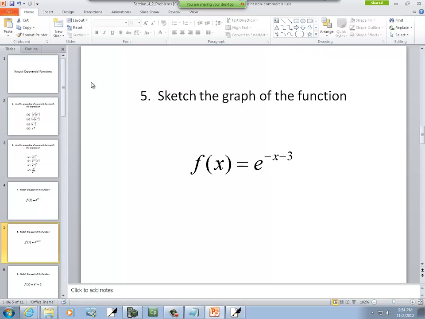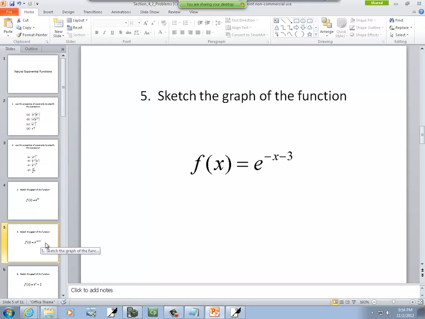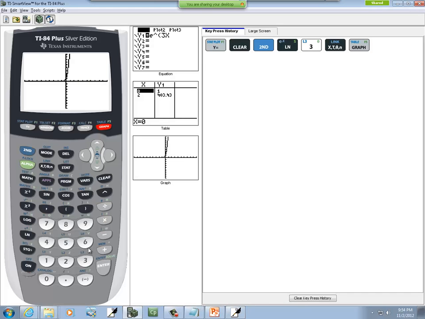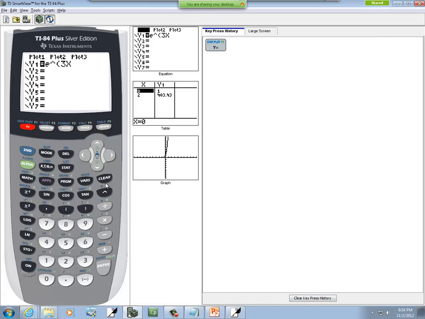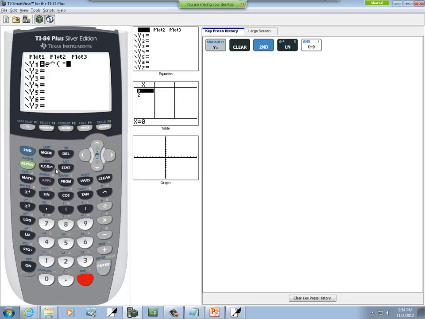We've got f of x is equal to e to the negative x minus 3. Sketch it. So come over here, press y equals, press clear, do second ln, and then we've got negative x minus 3.